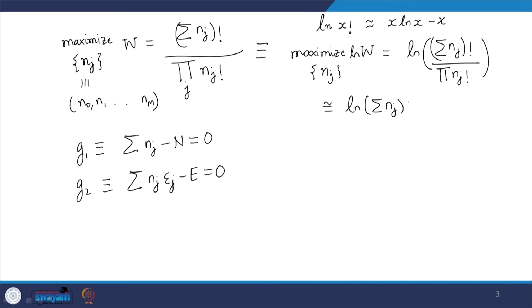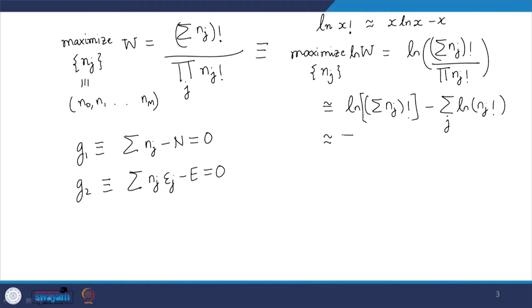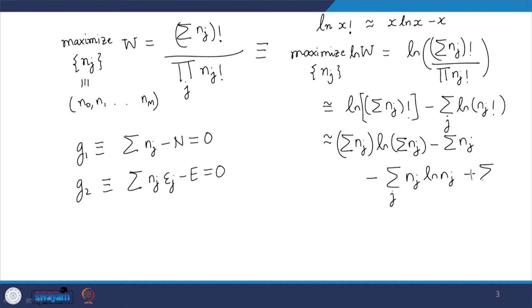sum of Nj factorial minus sum over j ln of Nj factorial. You can see where we had a product, when I apply the ln, the product becomes the summation. This is approximated as sum over Nj ln of sum over Nj minus sum over Nj, and minus the same thing for the second term, that is minus Nj ln Nj, and then we have again a summation over Nj.